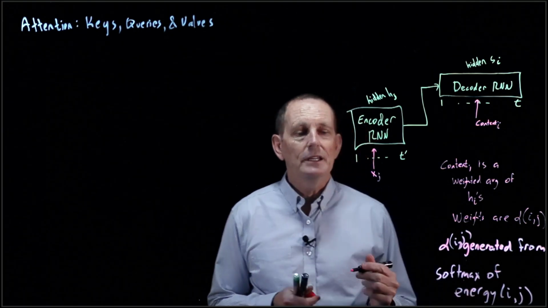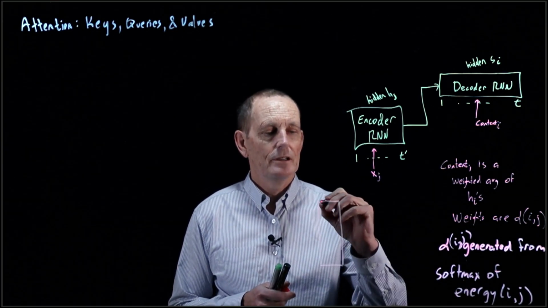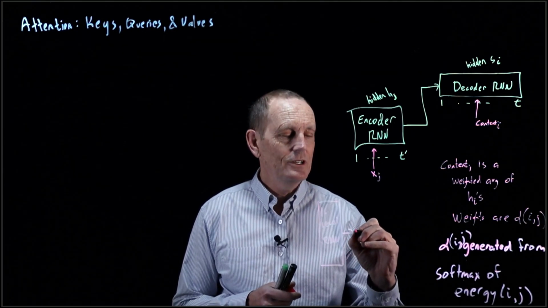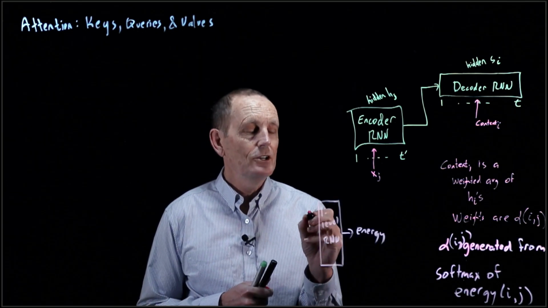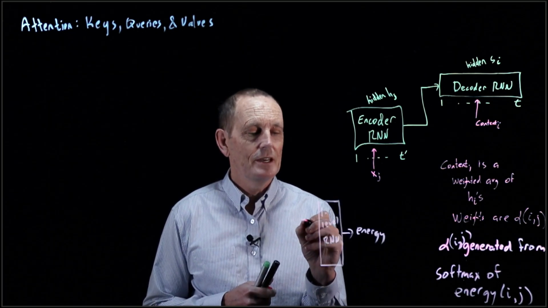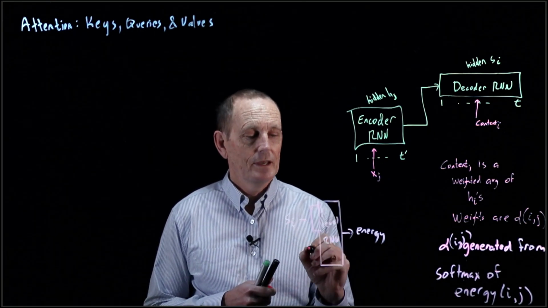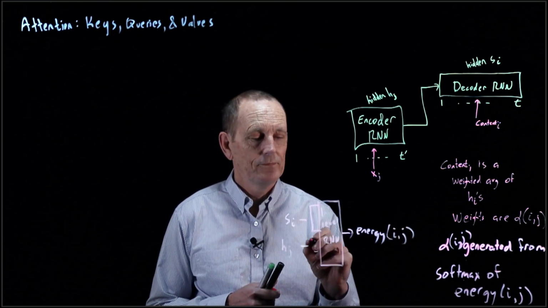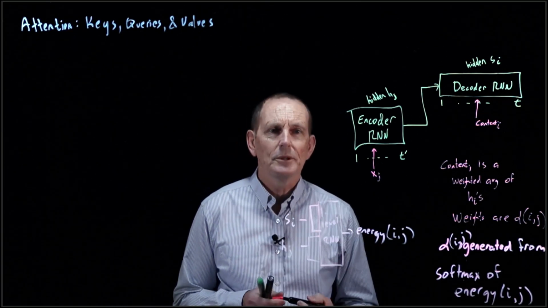The way we looked at creating the energy was we had a one-level RNN, and we got out an energy, so a single value, and we fed in two things. We fed in S sub i, and we fed in H sub j. So these are the inputs. We go in the RNN, and we get the output.